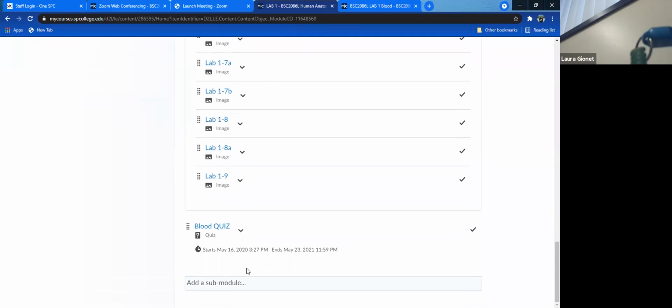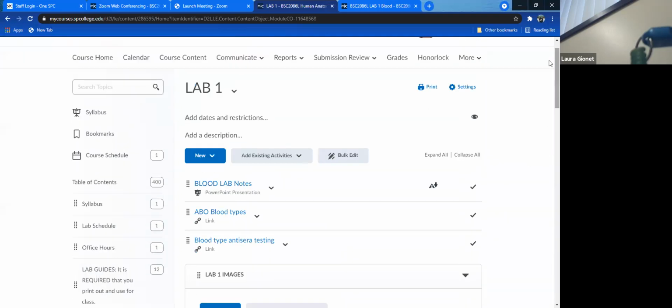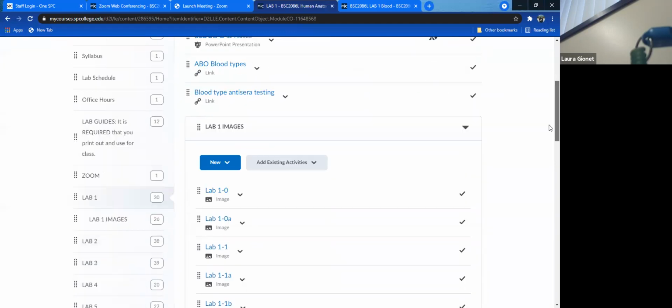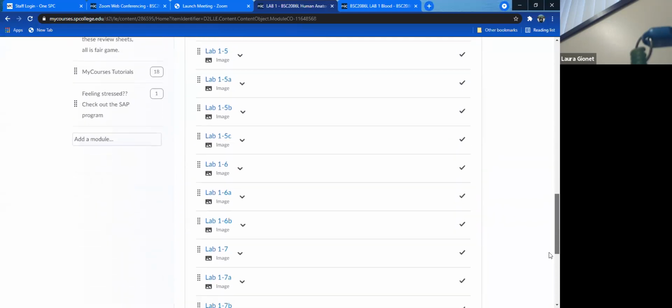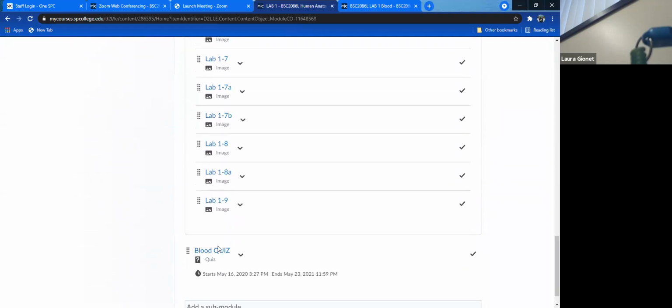All right. And then at the bottom here, if we go back to lab 1, under the lab guides is where we have all the lab guides. Lab 1 has the notes, any videos I want to give you, where some of these other lab images may be located, and then we have the blood quiz. You have, I think, 1 chance, maybe 2 chances.